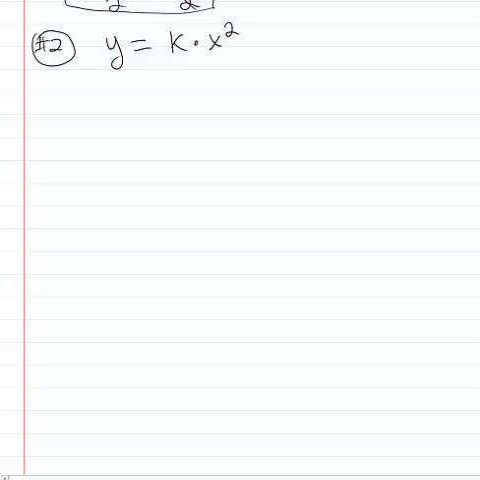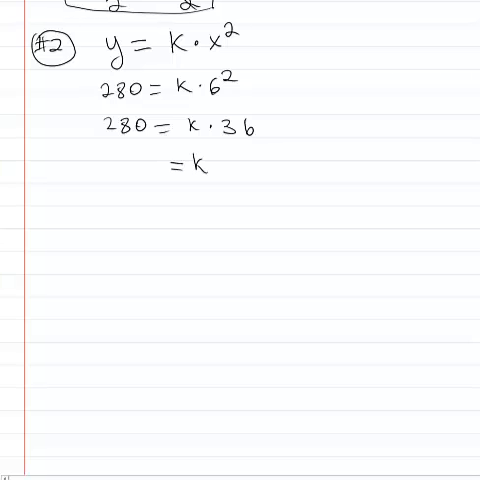Now, in order for us to answer the question, we need to figure out what the constant is. It says that y equals 280 when x equals 6. So we get 280 equals k times 36. We solve for k, divide by 36.